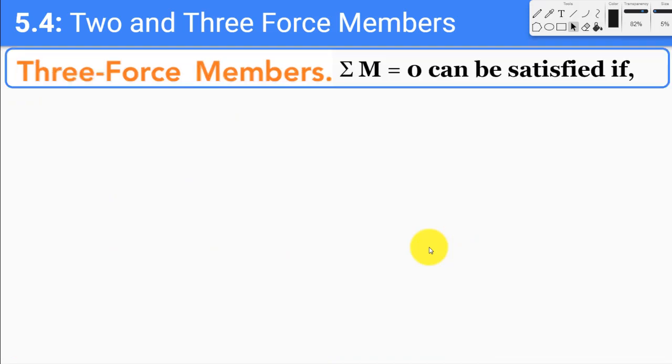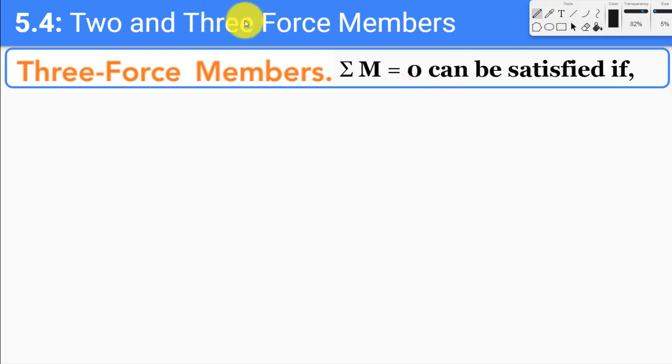Okay, so the next special case is the case of a three force member. And for a three force member, again we need that the sum of all the forces be equal to 0 and the sum of all the moments be equal to 0. The first condition is trivial. We can always choose the three forces such that their sum is equal to 0. That is not very difficult.